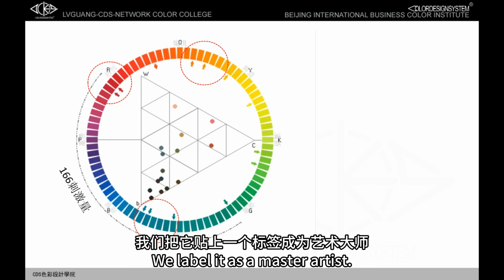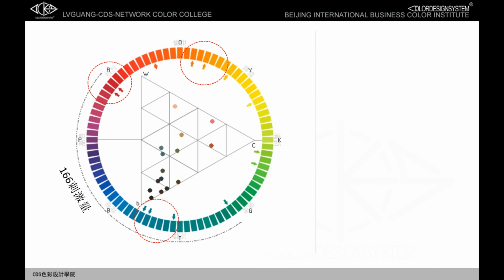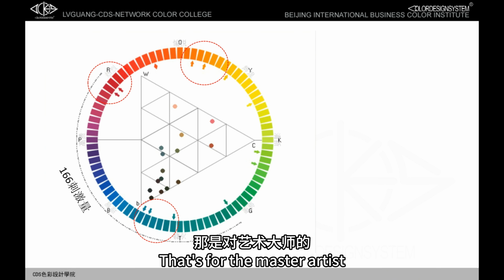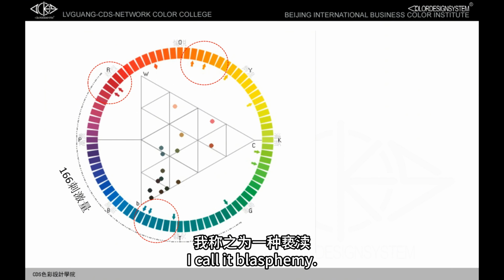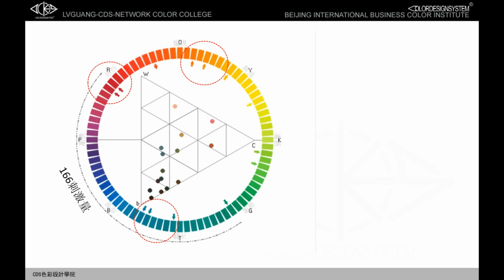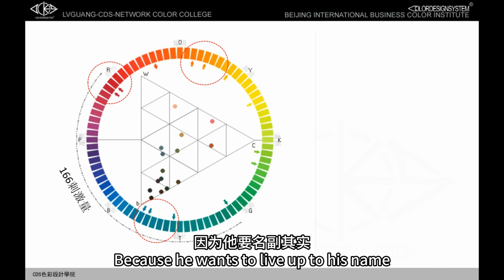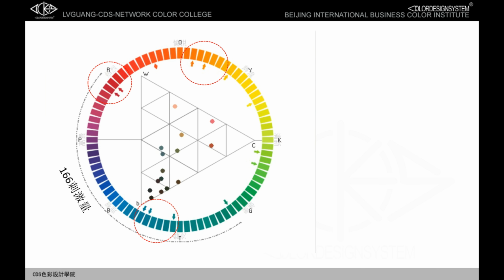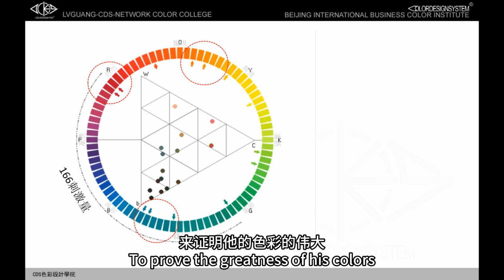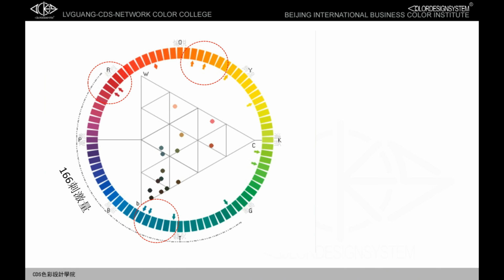We label it as a master artist. That's for the master artist. I call it blasphemy. Because he wants to live up to his name, we're using the language of color today to prove the greatness of his colors.